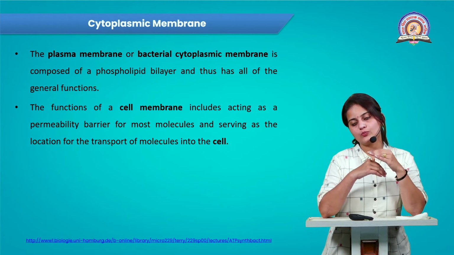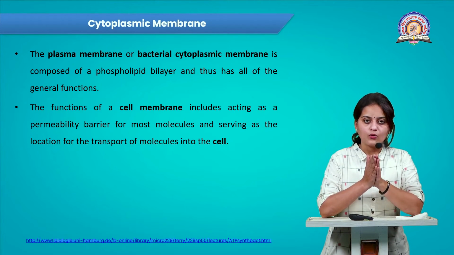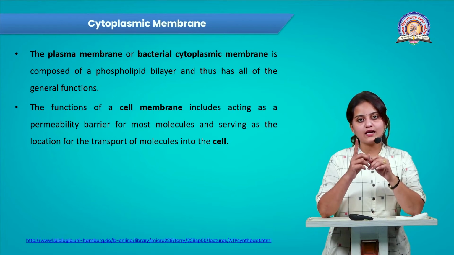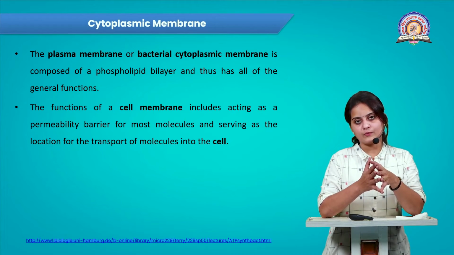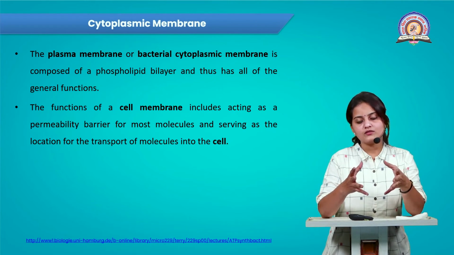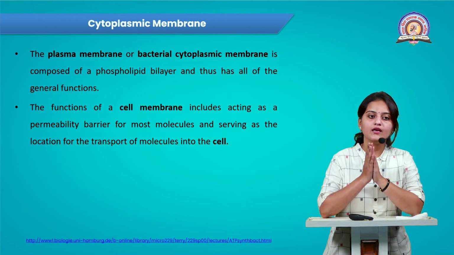Beneath the cytoplasmic membrane, there is the cytoplasm. How is the cytoplasmic membrane important? First, it protects the cytoplasm. It disallows the exposure of the cytoplasm to the environment. That's why the cytoplasmic membrane is very important.